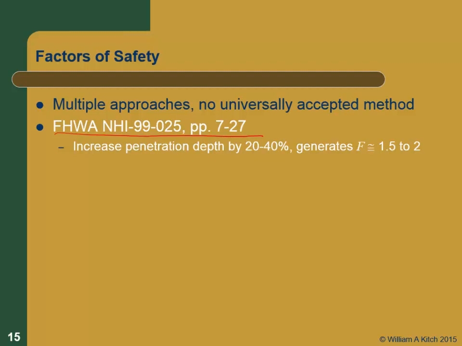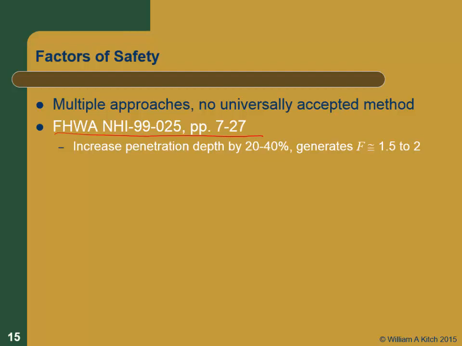The first approach, and FHWA is not the only one that does this, but it's presented in that 99 manual, is this: when you finish your design, you've created a design that is stable in equilibrium, so we need some factor of safety. You ensure your safety by increasing the depth.